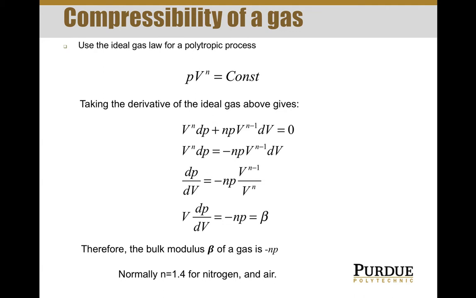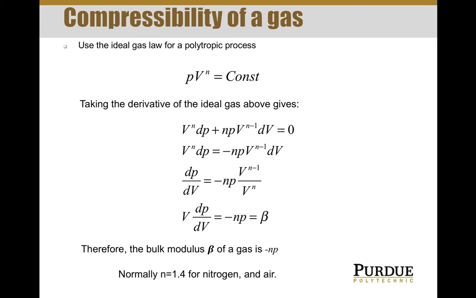Okay, now if we take this equation, PV to the n exponent equal to a constant, and we take the derivative to see the change in pressure and the change in volume, then we find the definition of the bulk modulus, which is minus V dP/dV. And more interestingly, we can see that the bulk modulus is no other thing than the n exponent times the pressure with a negative sign.